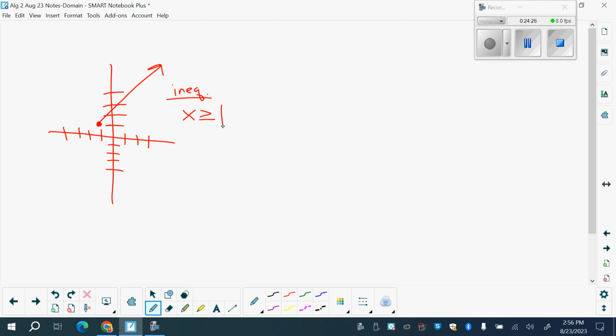So these values are bigger than or equal to. And then what would interval notation be? Starting, oops, I didn't put -1, sorry. -1, comma, infinity, because the arrow goes towards infinity. Bracket or parentheses here? Bracket and parentheses. Okay. Can I get somebody to pass out the worksheet for me?